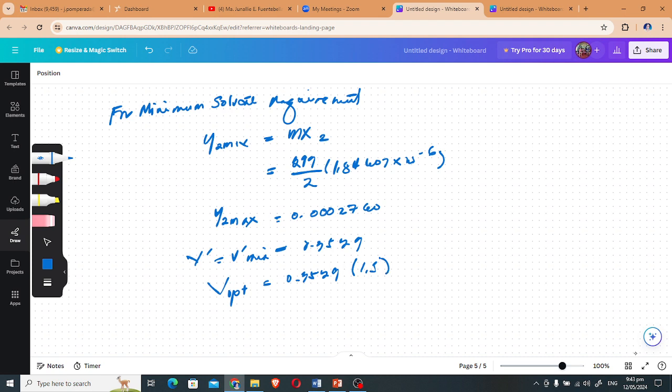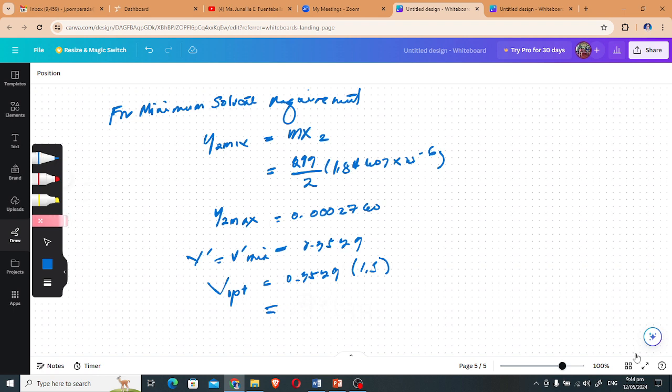So this is your minimum, the 0.3529, this one. So we just copied it and multiply it by 1.5. So that would be now your optimum solvent requirement for your system so that the desired recovery is achieved.